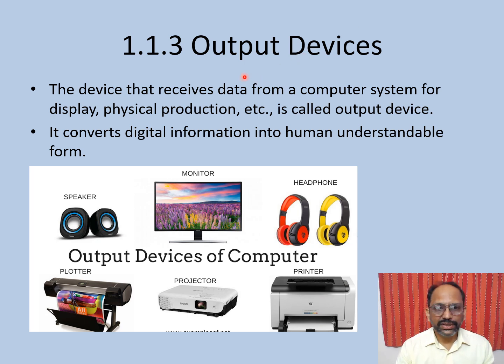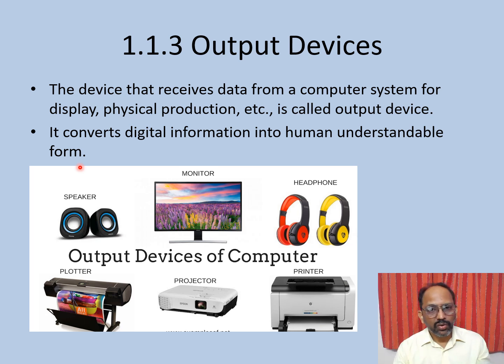So what is the function of an output device? It converts digital information into human understandable form. Why is it required? Why is it necessary? In this slide I have explained clearly. Please understand.